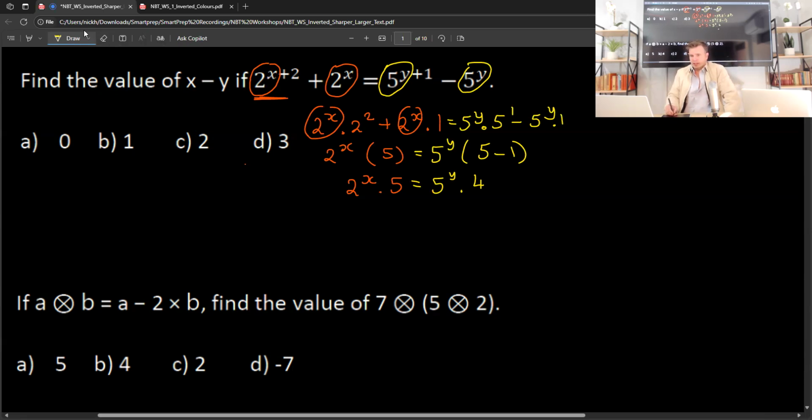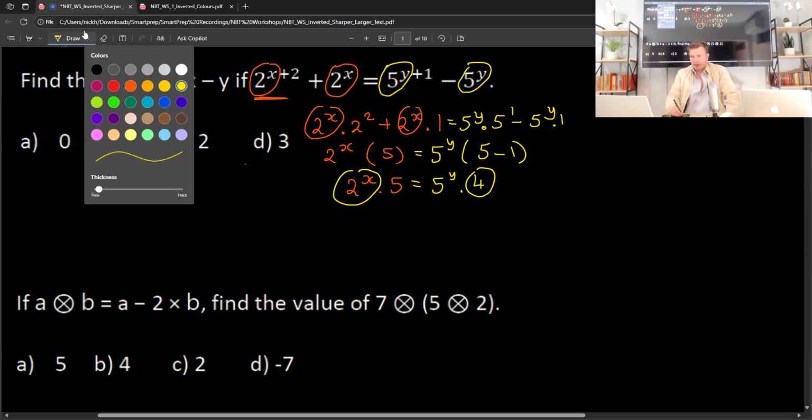Because then both sides would be equal, and the trick here is that, look at this, they're all integers. And because 2 and 5 are prime, these have to be integers for this to even have a chance of working. So basically what I'm saying is this has to equal that, because that can be 4, right?